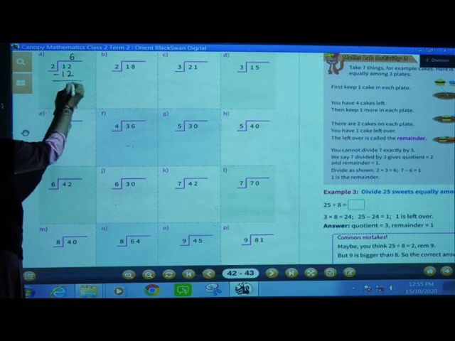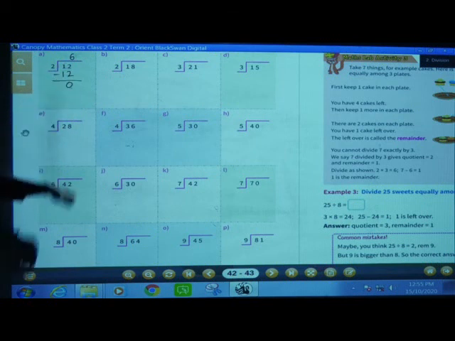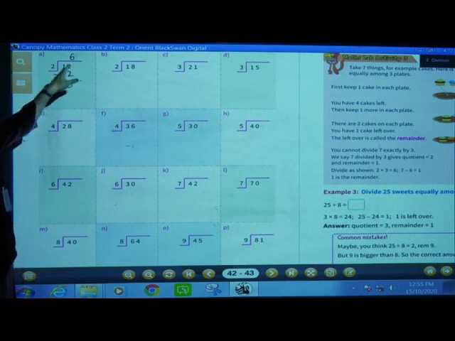Then write 12 below this dividend and subtract 12 minus 12, 0. What is the quotient? 6 is the quotient.